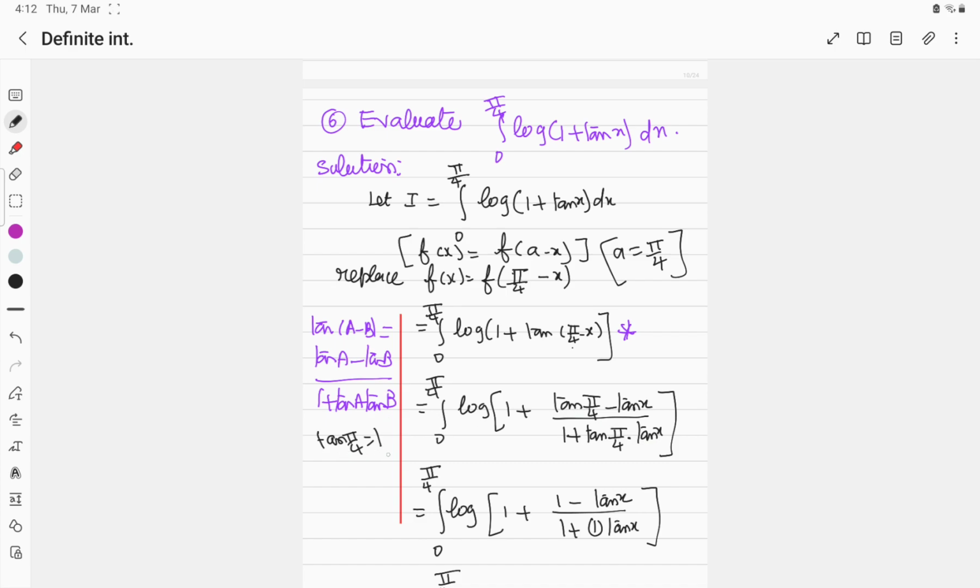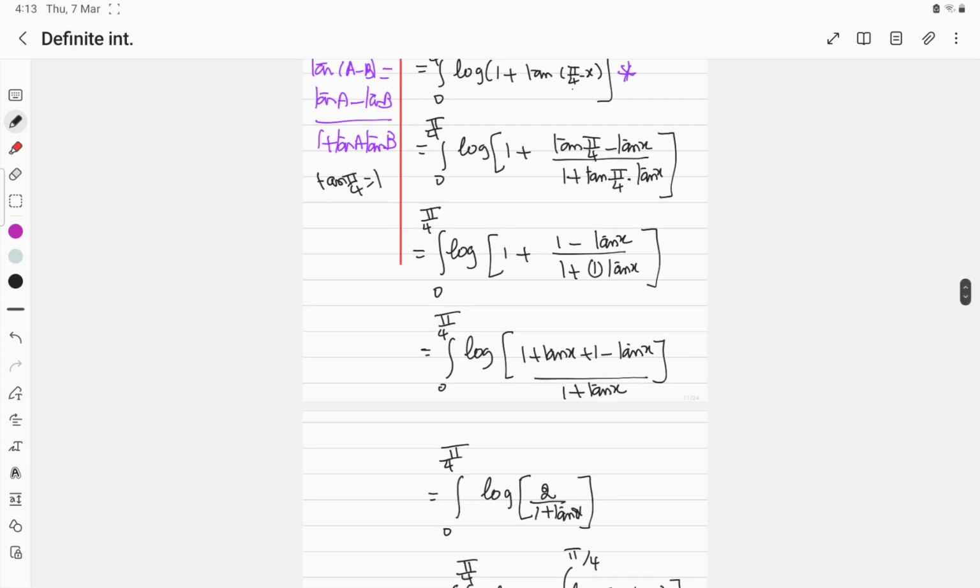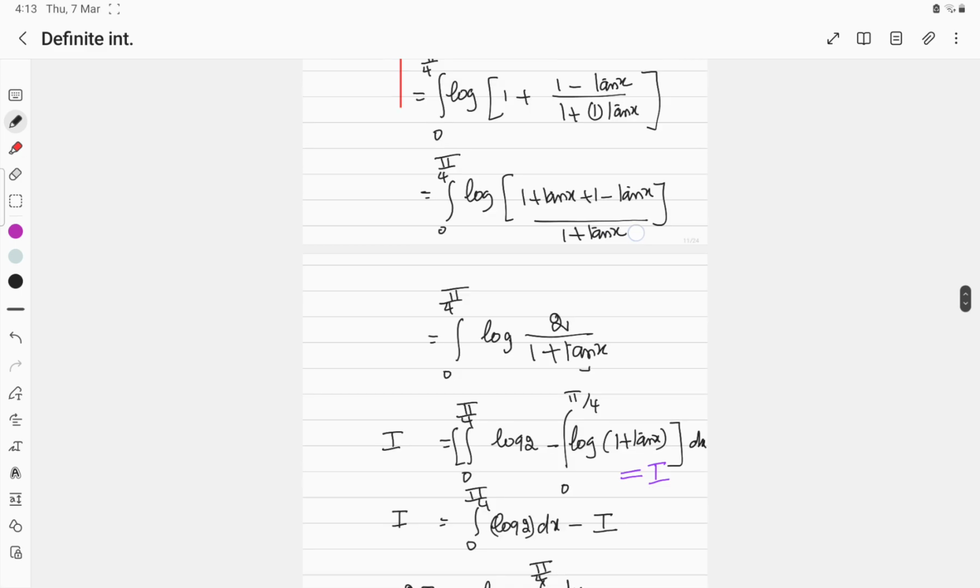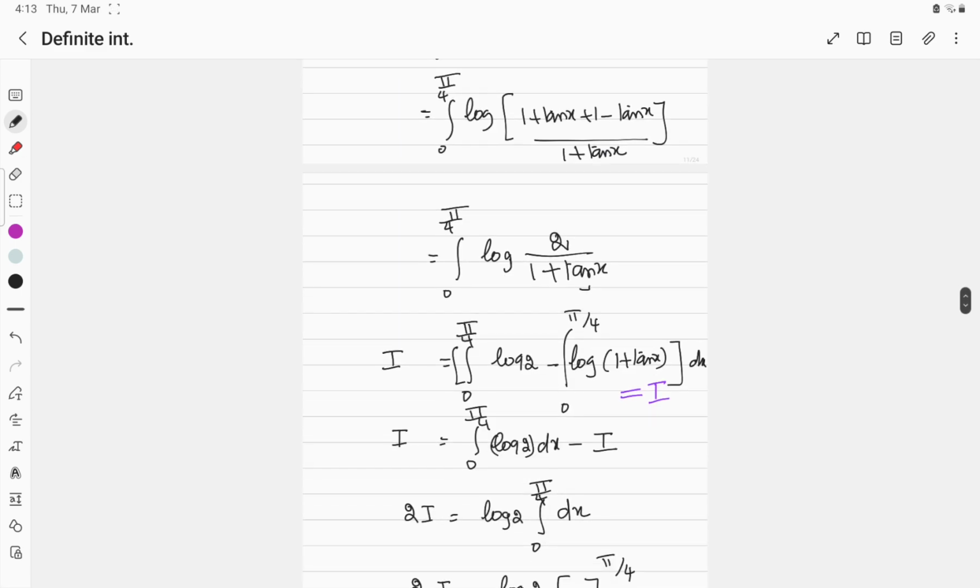And using the value of tan pi by 4 equal to 1, we get log(1 plus (1 minus tan x) by (1 plus tan x)). And taking LCM, we get log(2 by (1 plus tan x)). So, this becomes log 2 minus log(1 plus tan x) dx.